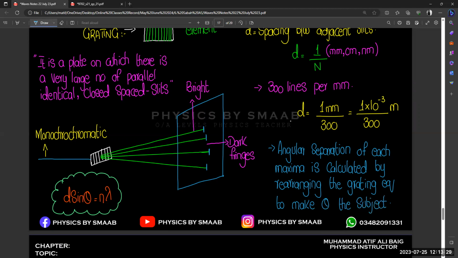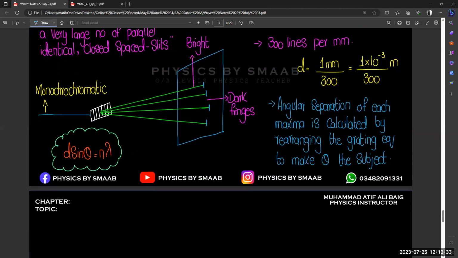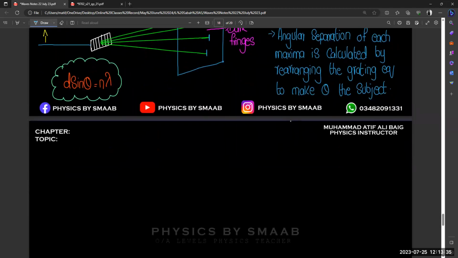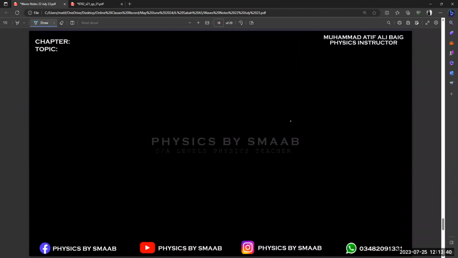This is also a very simple concept. If we want to find out theta, we need to arrange the equation like this, so that theta is our subject and all quantities are on the other side. So this is also a simple concept.